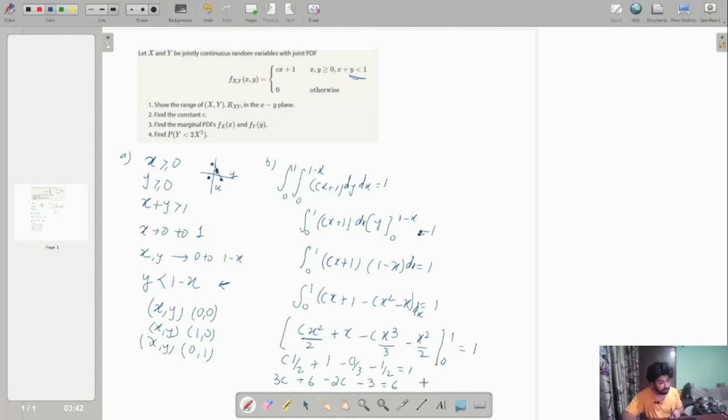If you solve this, you'll have 6 minus 6 equals 0, and then c equals 3. So the value of c will be 3 in this case, and this is how you solve this.